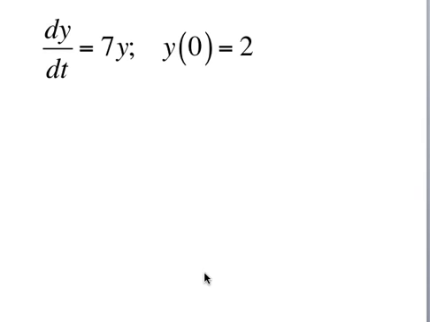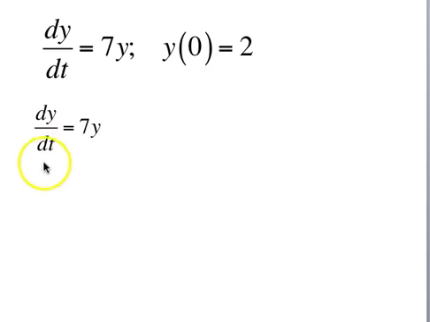Next problem is a little bit harder. We have dy dt equals 7y, and again, y of 0 is 2. We need to separate the variables. I need all of the y's on one side, and I need all of the t's on the other. Now, how are we going to do that? Well, starting with the equation dy dt equals 7y, I need this y on the left side, so I'll have to divide both sides by y.